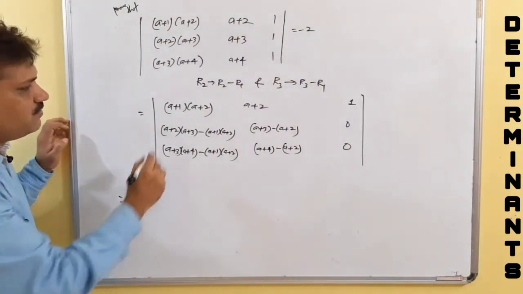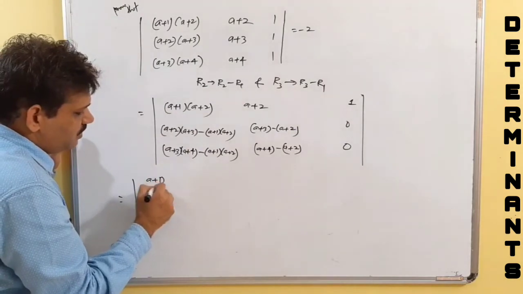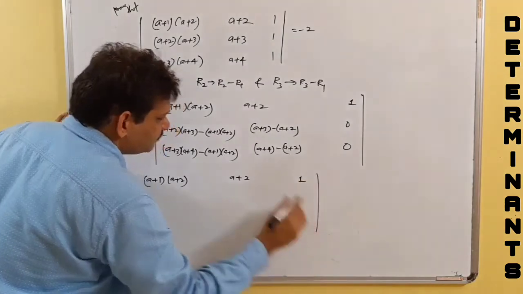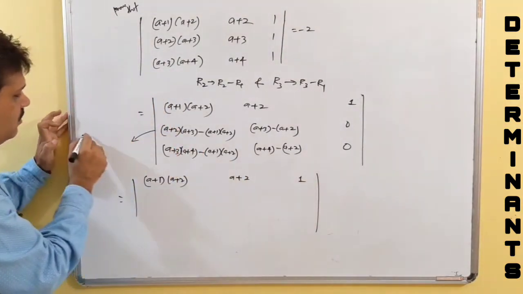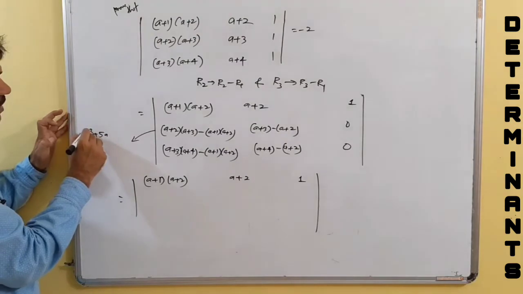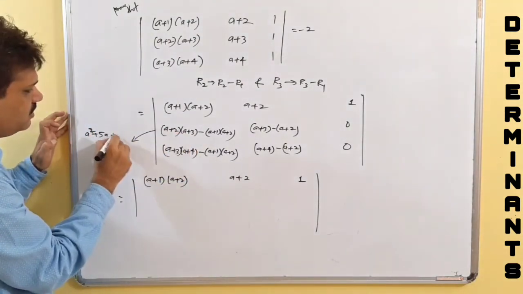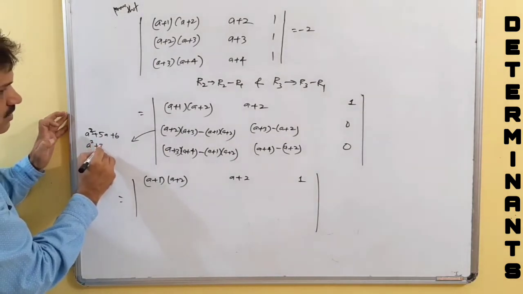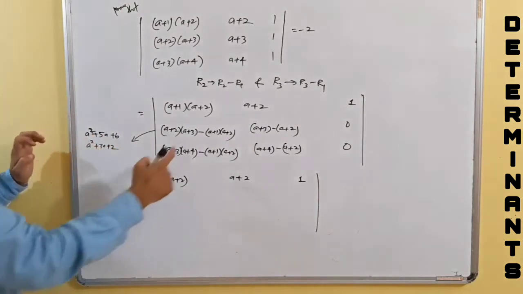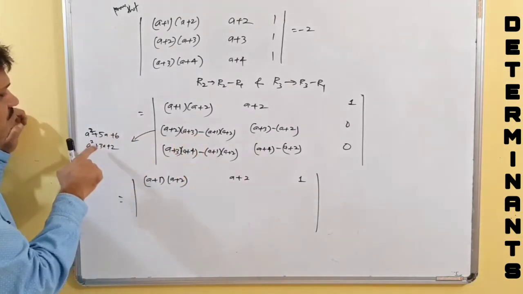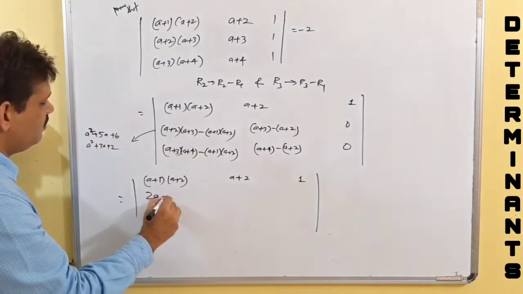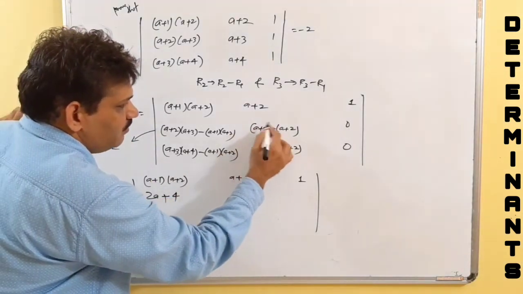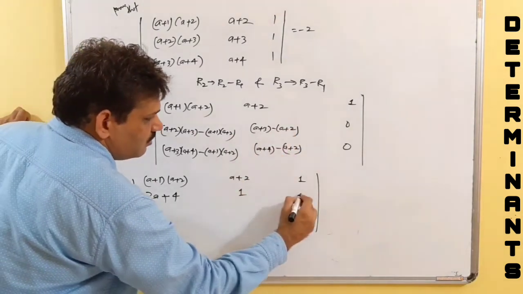Let's see what it gives. This is a plus 1 into a plus 2. This is a plus 2, 1. Now this gives me a square plus 5a plus 6. And this gives us a square plus 3a plus 2. When we subtract this from this, a square will be cancelled. 5a minus 3a is 2a, 6 minus 2 is 4, 2a plus 4. Here a will be cancelled out, 3 minus 2 is 1, 0.